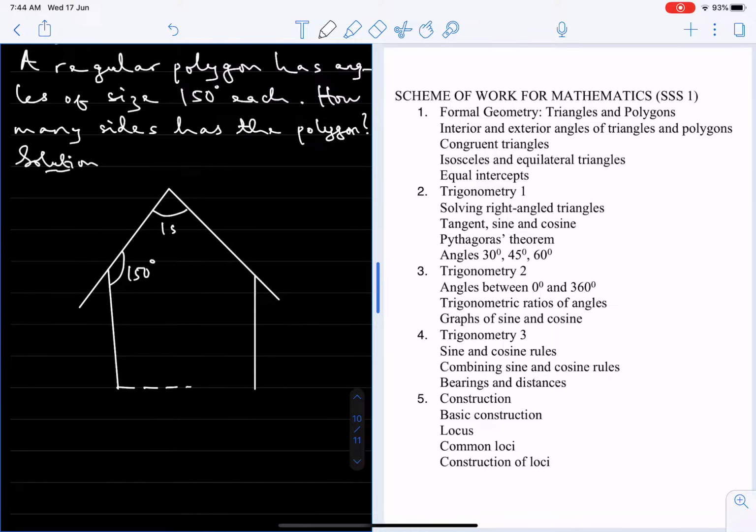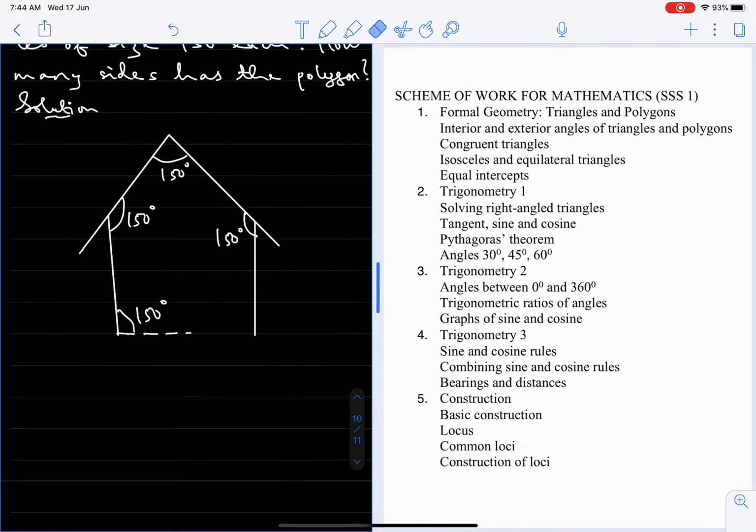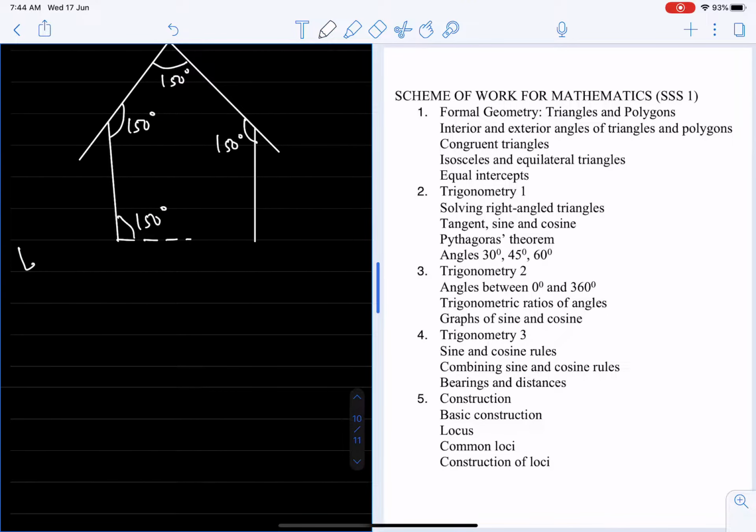This is a sketch, mind you. 150 degrees. And this will also be 150 degrees. So, what does that tell you? Let x be equal to each exterior angle.